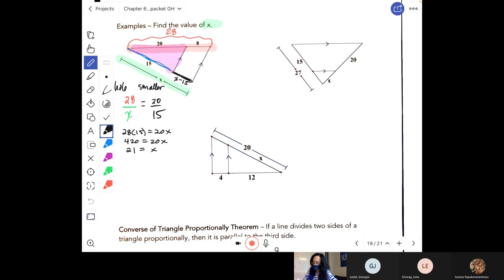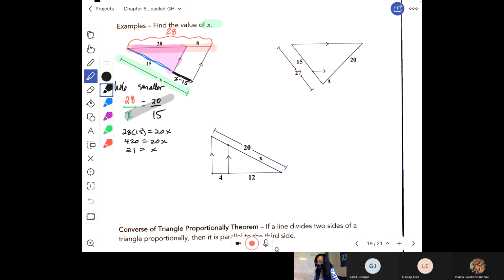Yes. Knowing what we know about means, I could interchange these, right? And I could have done 28 over 20, like comparing one side large to small, over x over 15, right? I could have interchanged those.